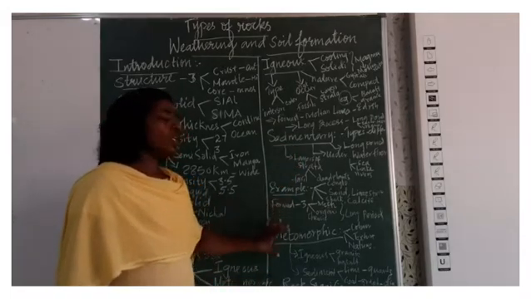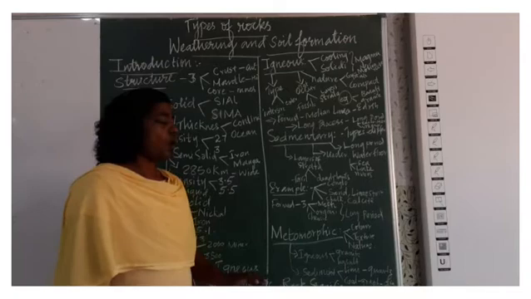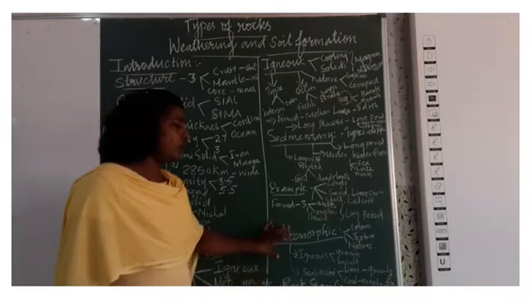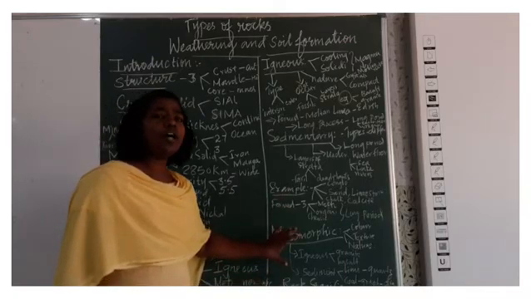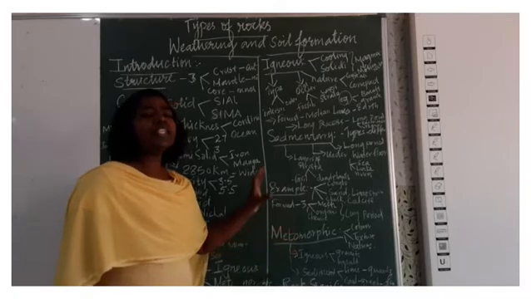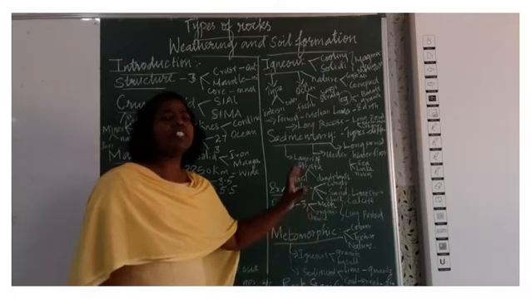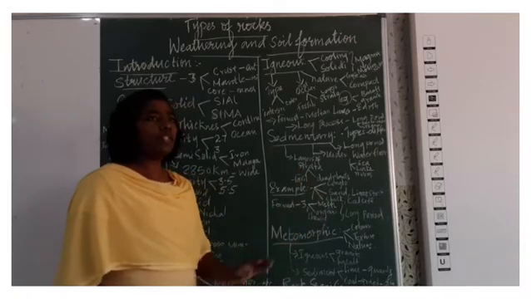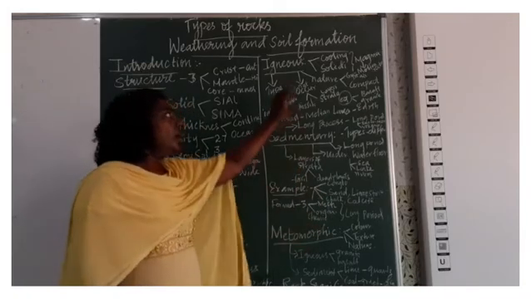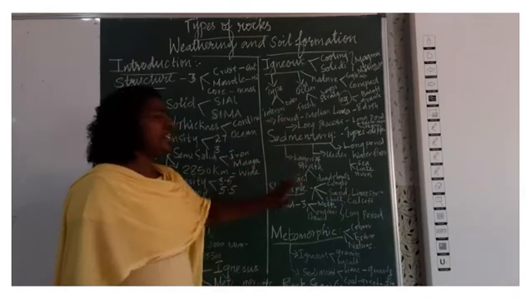Okay, and the next rock is metamorphic rock. What is metamorphic rock? How is this metamorphic rock formed? Metamorphic rocks are formed because of metamorphism, okay, that occurs on igneous rock and sedimentary rock.